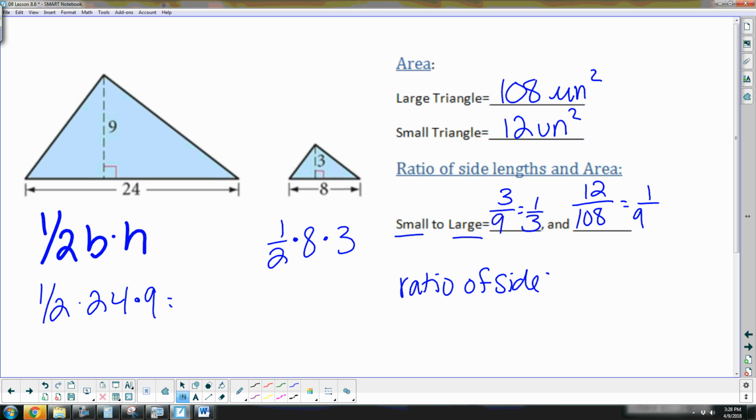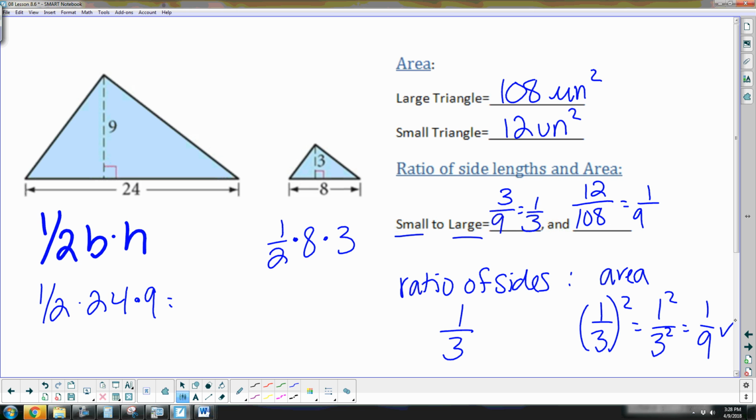So the ratio of sides is 1 to 3. And then the ratio of areas is 1 to 3 squared, which is 1 squared to 3 squared, which is 1 to 9. So that rule also applies for triangles.